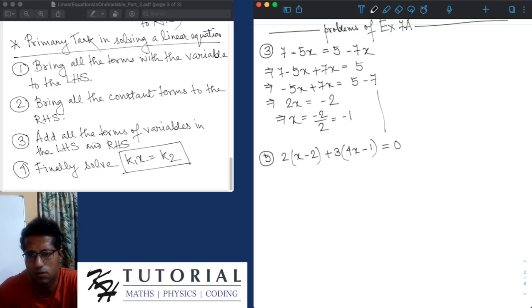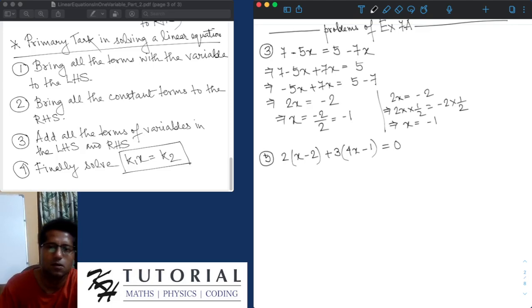But as a side note, from 2x equals minus 2, we are multiplying both the LHS and RHS by half. The LHS, 2x multiplied by half, is x, and minus 2 multiplied by half is minus 1. So minus 1 is the solution of this equation.